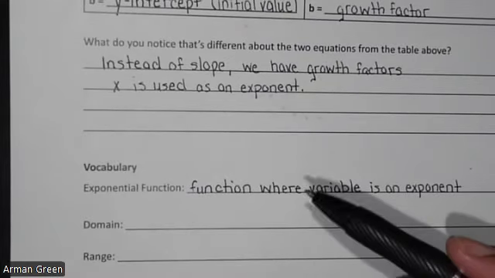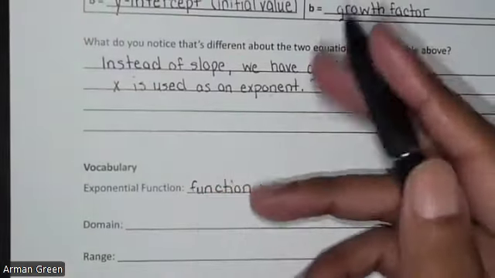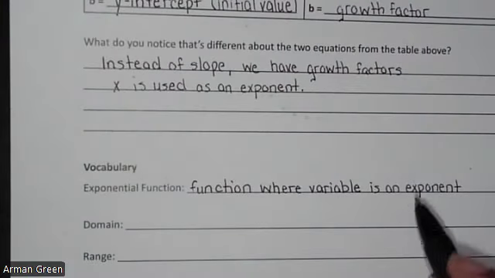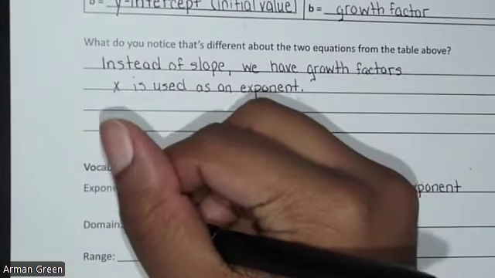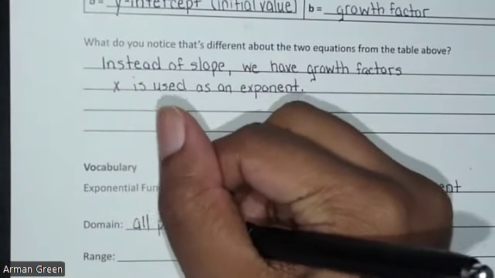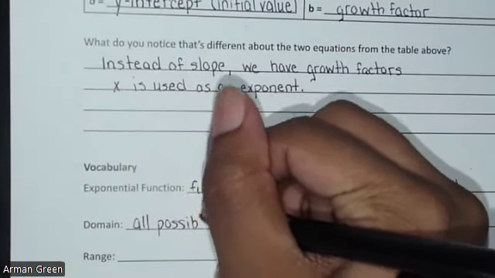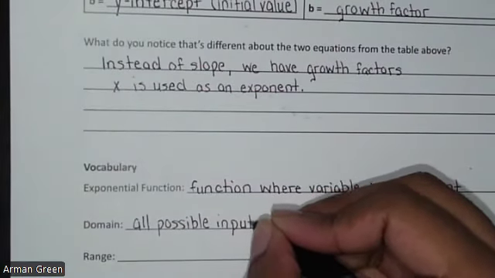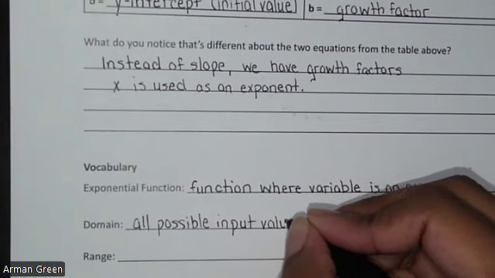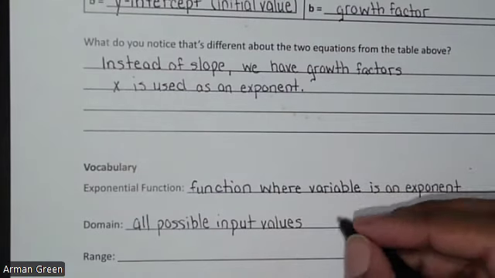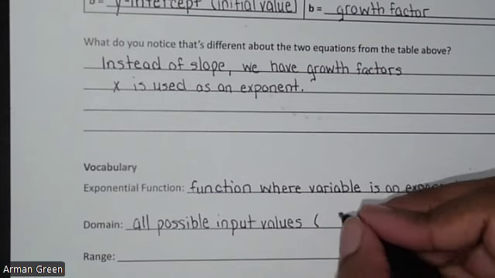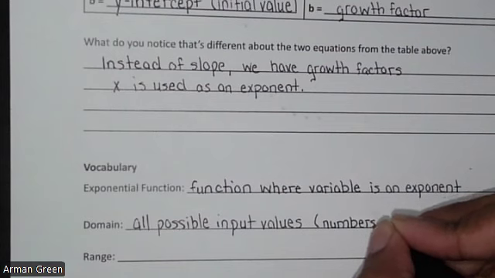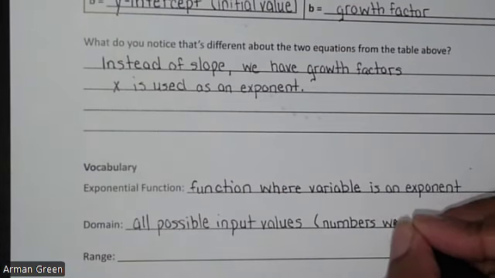Now, domain and range. We've been talking about these throughout the lesson, but just to have a clear-cut definition listed here, domain is all possible input values. Basically, domain is the numbers we can use for x.